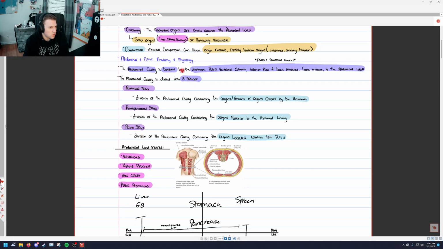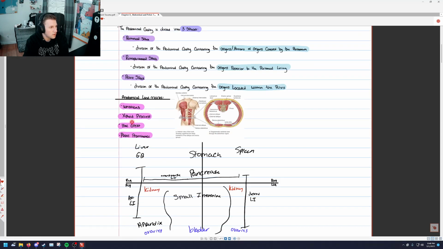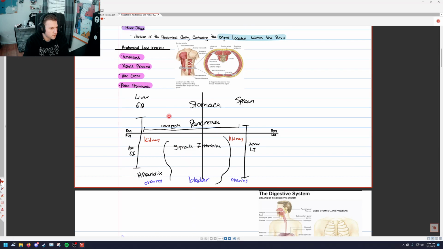So what cavity are we in? In our abdominal cavity, we have our peritoneal space, we have retroperitoneal, and then we have a pelvic space. So peritoneal is going to be organs within the peritoneum, of course, and then we have organs that are posterior to that peritoneal lining, and we have our pelvic space.